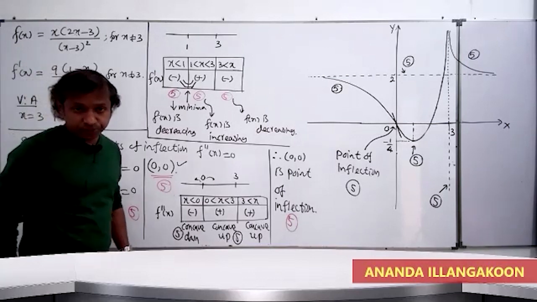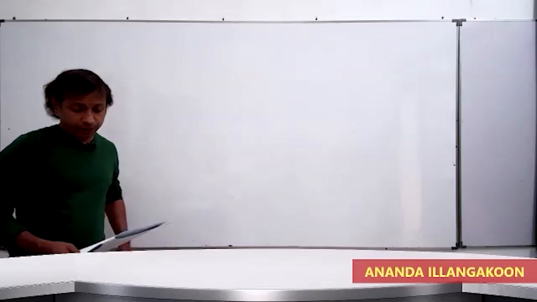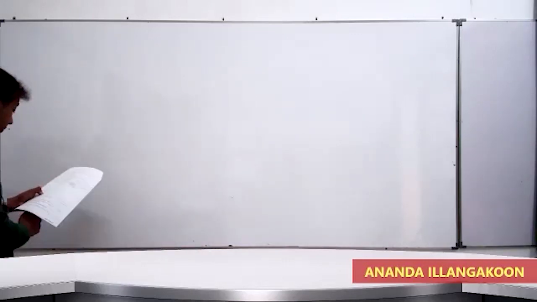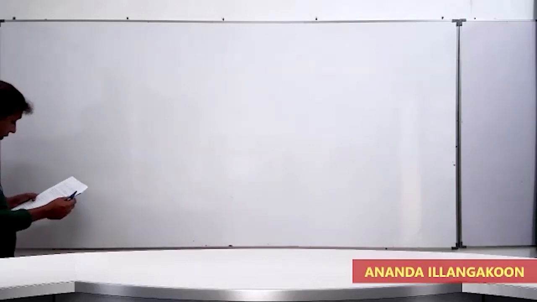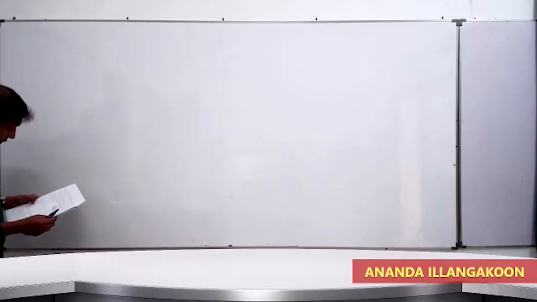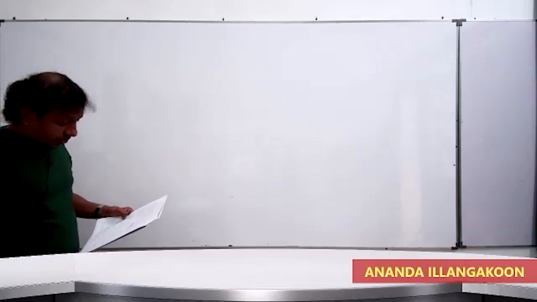Read the next part. Application, second application, part B. The adjoint figure shows the portion of a dustpan without its handle. Its dimensions are in centimeters.